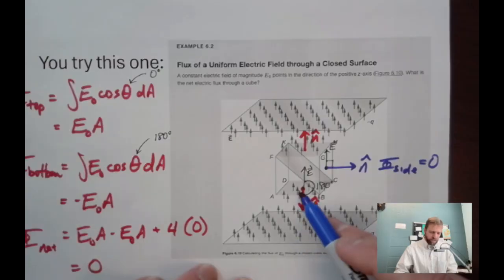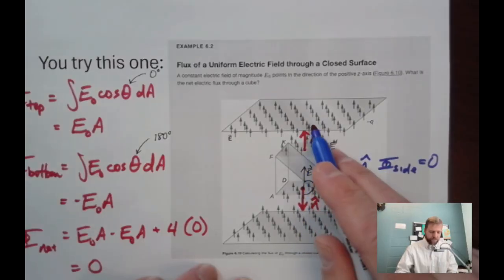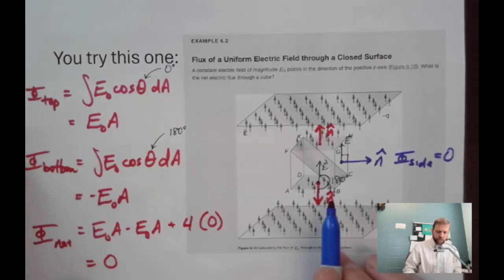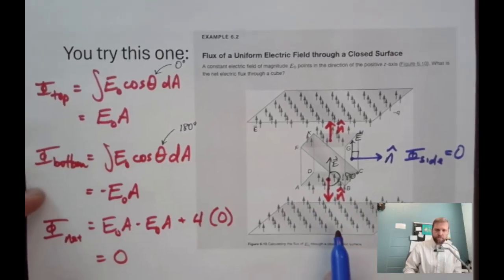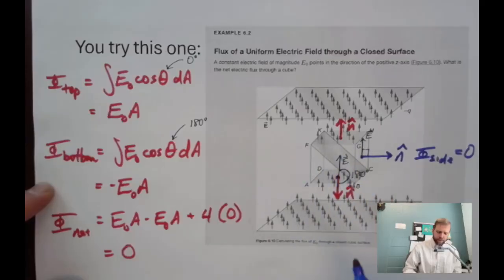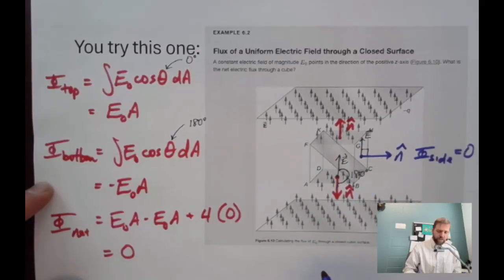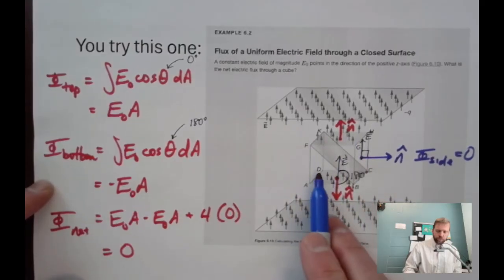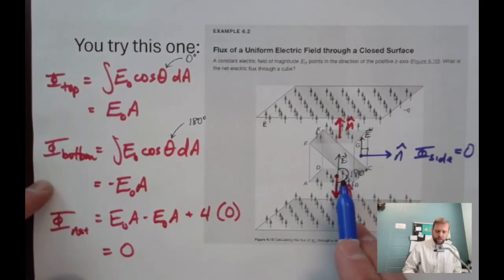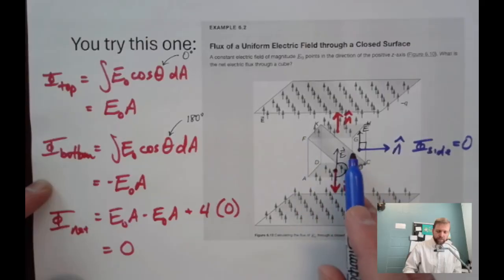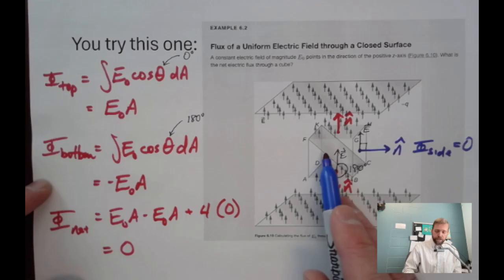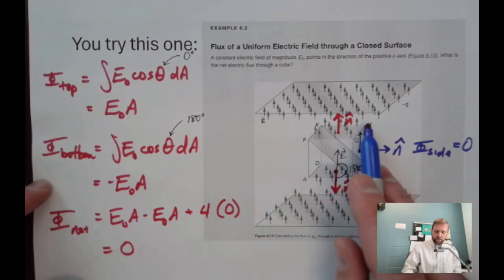Well, all that's going in is going out. It's passing through it. So this makes conceptual sense with net electric flux if we think about something like light, or if you had some sort of cube out in space, in the atmosphere that wind could go through, then all the wind that went in one side would go out the other side.